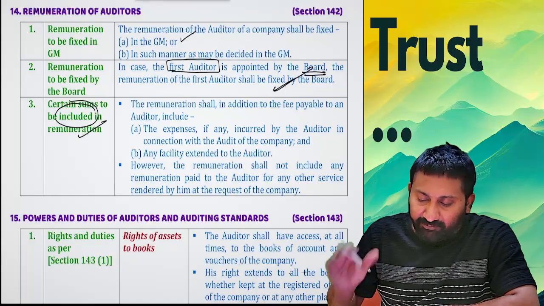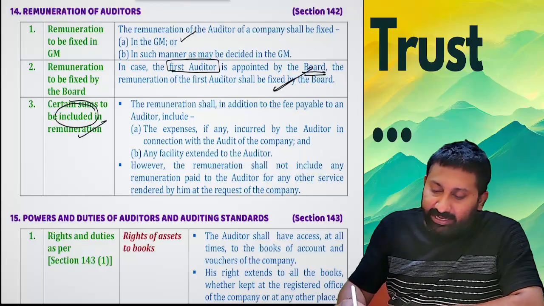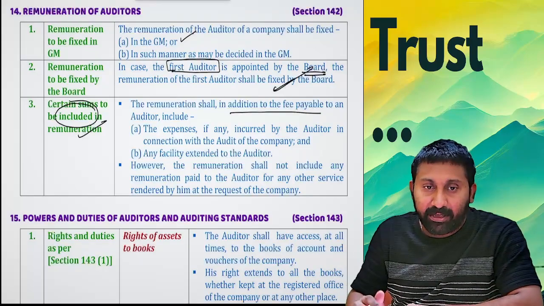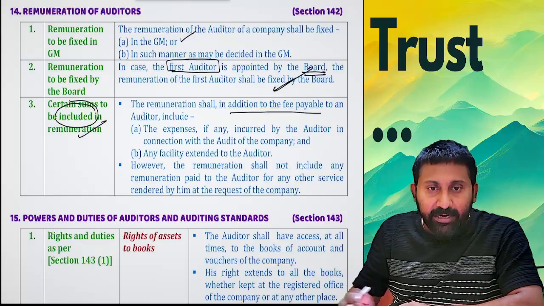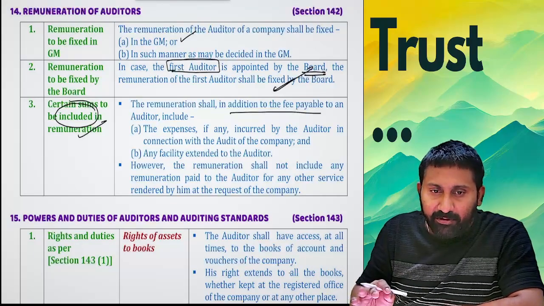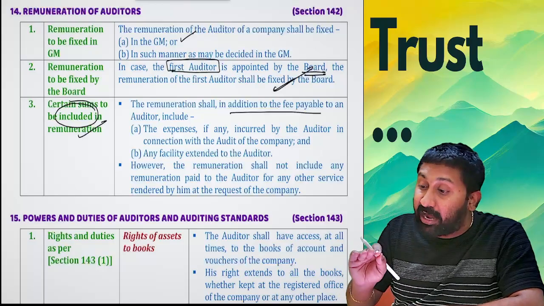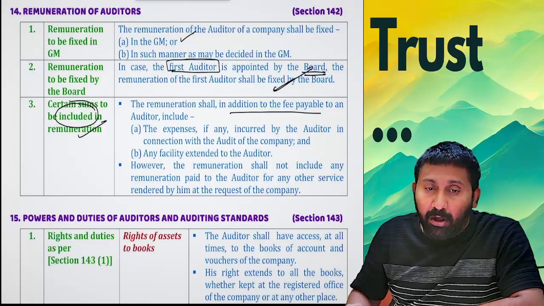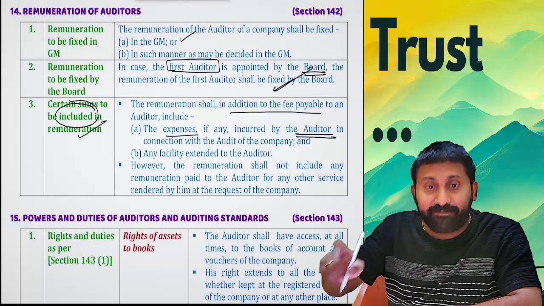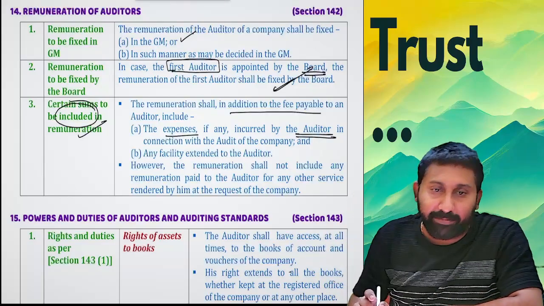Next, what will be included in the remuneration? Remuneration shall include the following. First, in addition to the fees payable, means whatever audit fee we have to pay, it also includes the following. For his transportation. Every single thing associated with the audit, all expenses incurred by the auditor in connection with the audit, that also should be paid back to him.